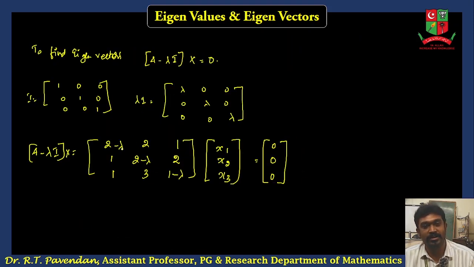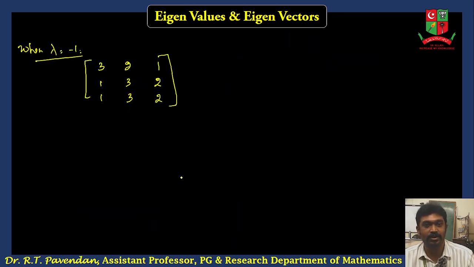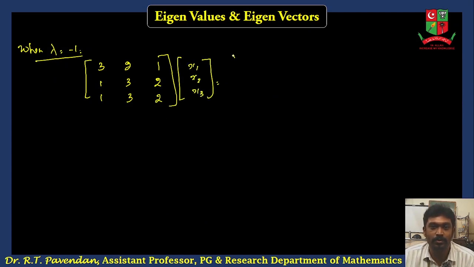Two minus of minus 1 is 2 plus 1, so 3, 2, 1. Then 1, 2 minus of minus 1 is plus 1, so 1, 3, 2. Here it is 1, 3, 1 minus of minus 1 is plus 1, so we get 1, 3, 2. If we multiply this with x1, x2, x3 and equate it to 0, we get three equations again.